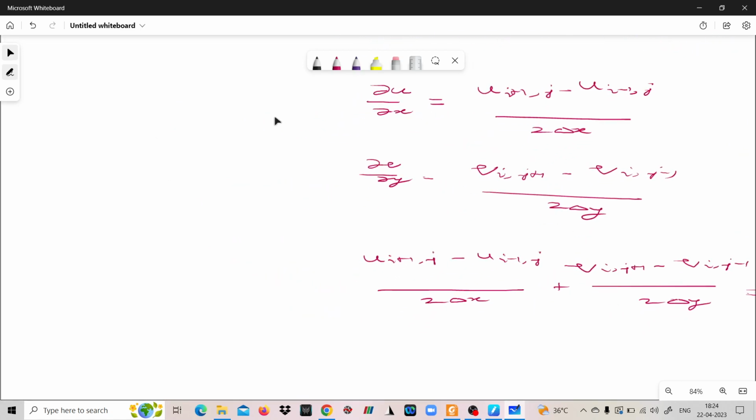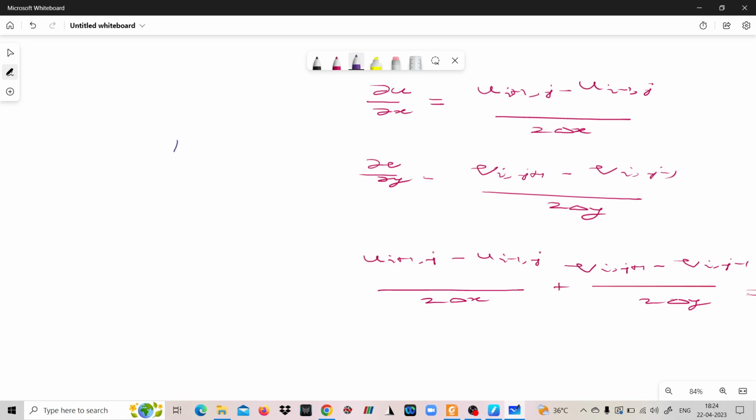This was our actual partial differential equation, del u del x plus del v del y equal to 0, and based on our Taylor series approximation we have written this as the difference equation. Okay, so the partial differential equation is to be compared with the FDE, that is the finite difference equation.